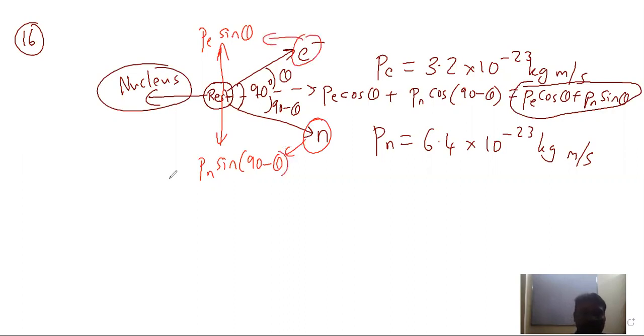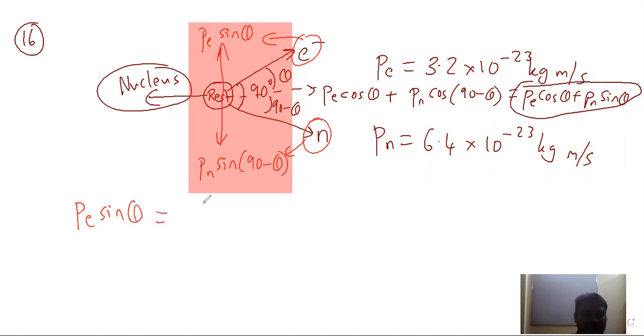These two momentums will come out to be the same, so the momentum in vertical is equal for electron and neutron. So we have Pe sine theta equal to Pn sine of 90 minus theta, which gives Pe sine theta equal to Pn cos theta.